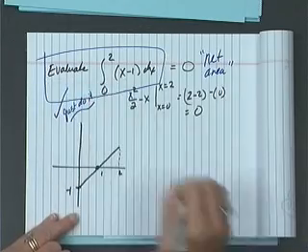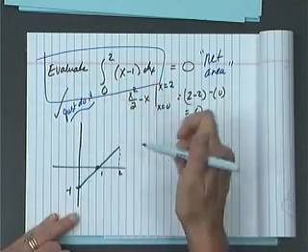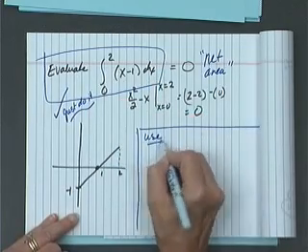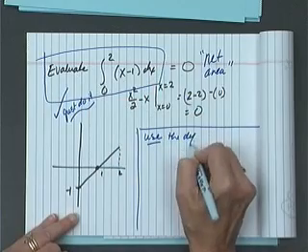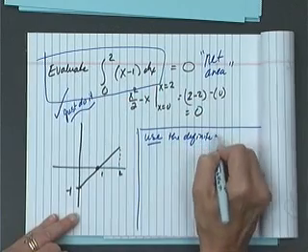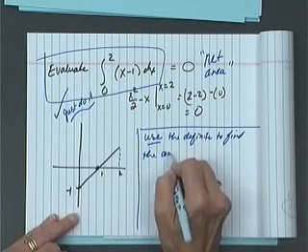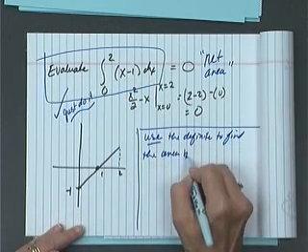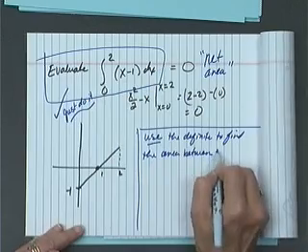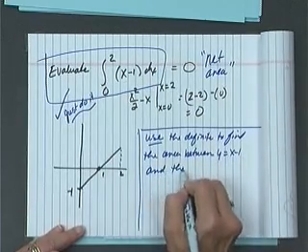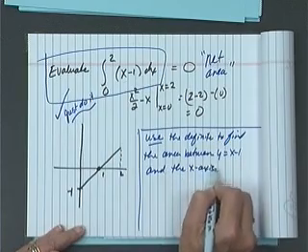Now, that's one way to ask a question. Just evaluate a definite integral. Another way would say, use the definite integral to find the area between y equals x minus 1 and the x-axis.